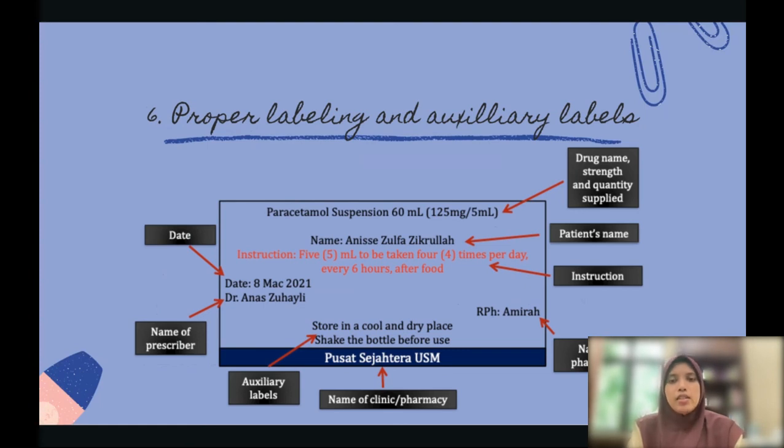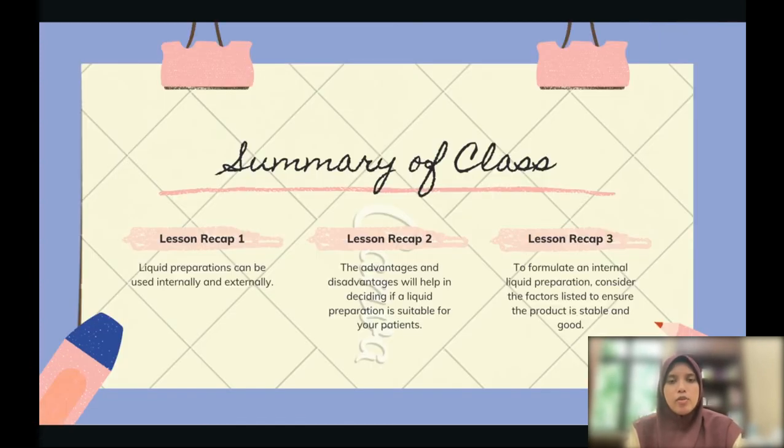As an example, the drug name, the strength, the patient name, the instruction, which is very important, the name of the clinic, the auxiliary label, and also the date of dispensing. So these have to be present on the label that is pasted on the product. Okay, but if you don't have the name of the prescriber and the name of the pharmacist, it's okay, it's not a problem.